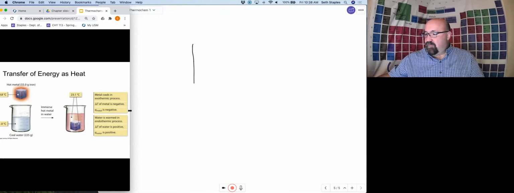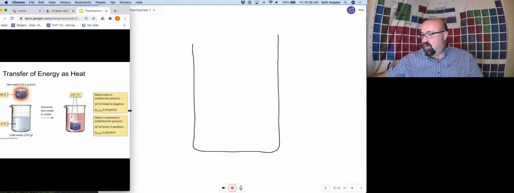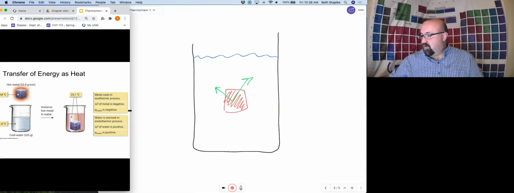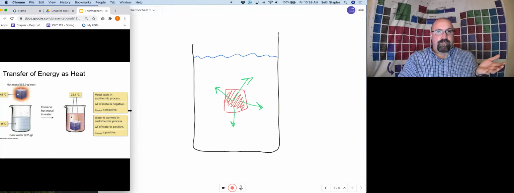Again, here we have our beaker full of water, and we're going to go ahead and just drop a piece of metal down into this. And so this metal is going to lose energy out to the water.